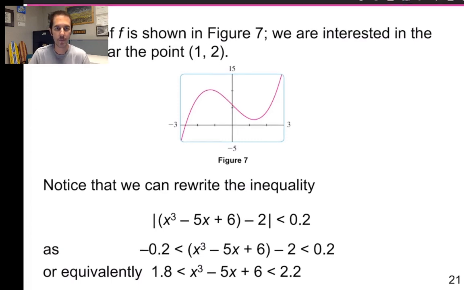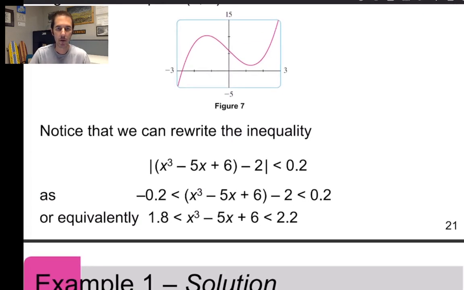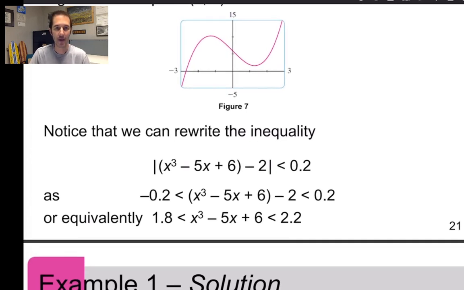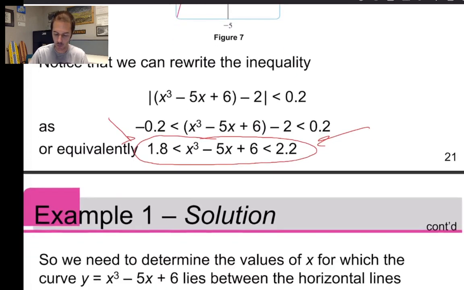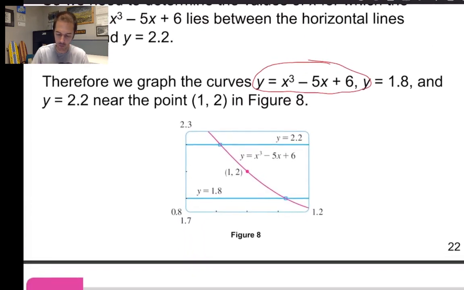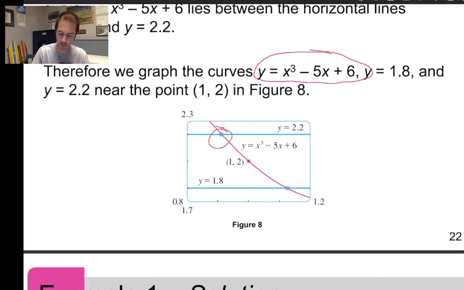In order to figure out potential x values that would land us within this range of y values, if we graph y equals 1.8 and y equals 2.2, those horizontal lines will come over and intersect our curve at these specific points. And those specific points, of course, have corresponding x values that we could come down and find on the x-axis.